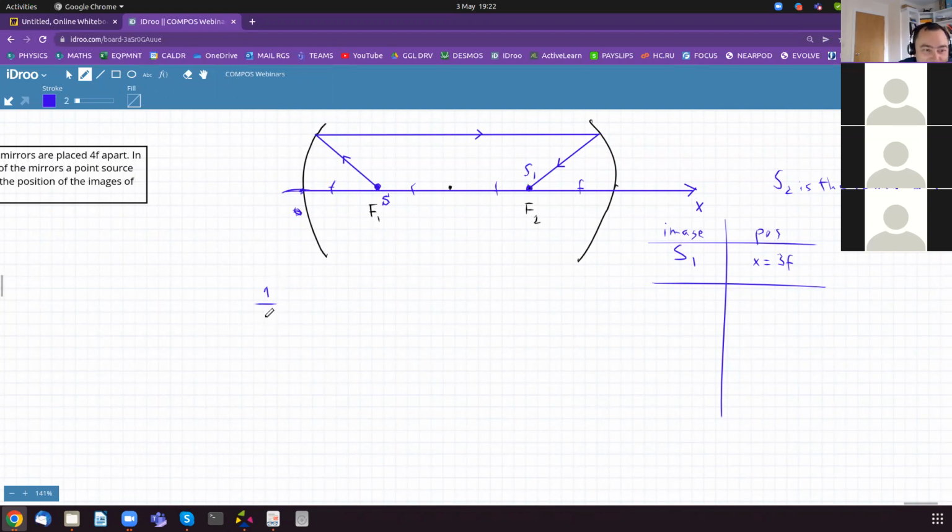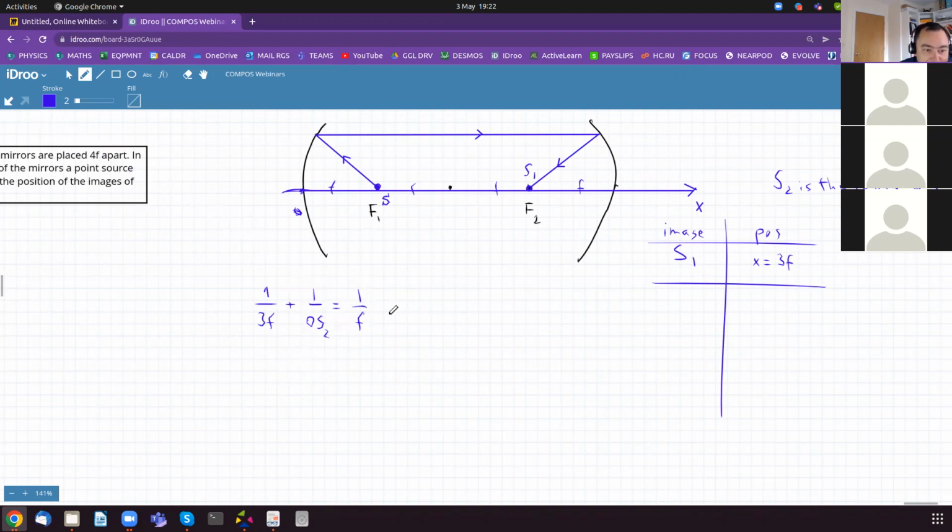So 1 over the object distance, which is 3F, plus 1 over OS2, that's the position of this, 1 over OS2, is equal to 1 over f.